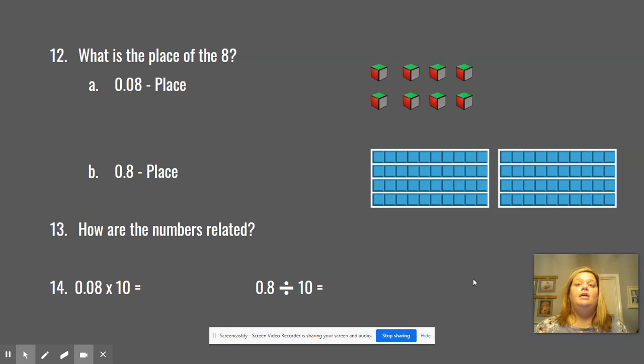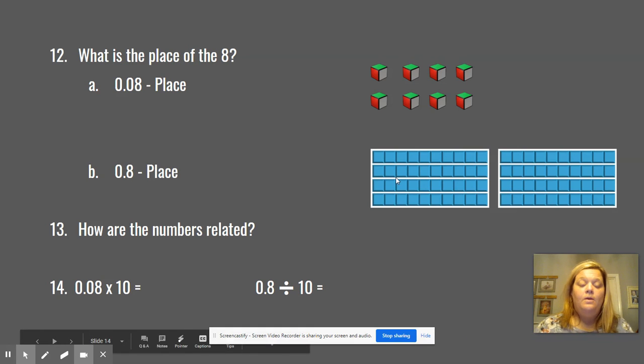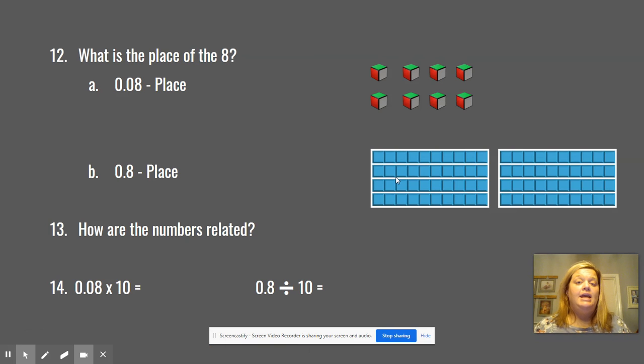That means 8 of these little cubes. What is the place value of the 8 in 800s? That's right. It's hundreds. And just by saying 800s, you know the value. It's 8 little cubes.